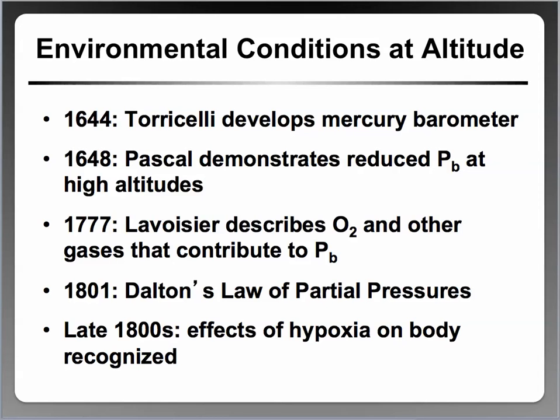We take the amount attributed to oxygen, add the amount attributed to carbon dioxide, and add that to the rather large amount from nitrogen, and then you have the total pressure. The last point on the slide is that in the late 1800s, probably right around the time people were considering taking the first Everest trips, they figured out that there are some severe effects of hypoxia on the body.